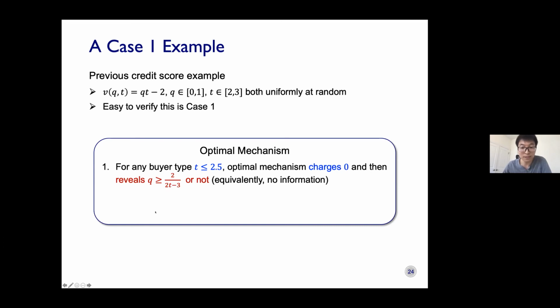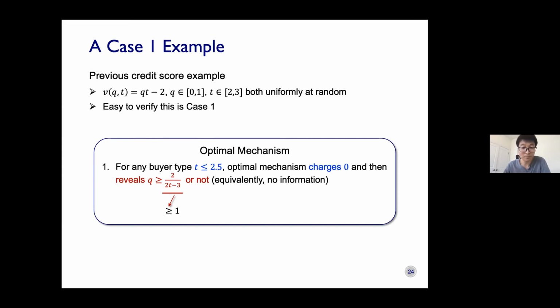You can see that if T is less or equal to 2.5, this threshold is always larger than 1, because the denominator is going to be smaller than 2, and therefore this entire threshold is larger than 1. That means the seller is going to tell you Q is larger than something like 1.2 or 1.3, but that literally reveals no information because you already know Q is between 0 and 1. In other words, in this case, the optimal mechanism is going to charge you 0 and also reveal no information to you.